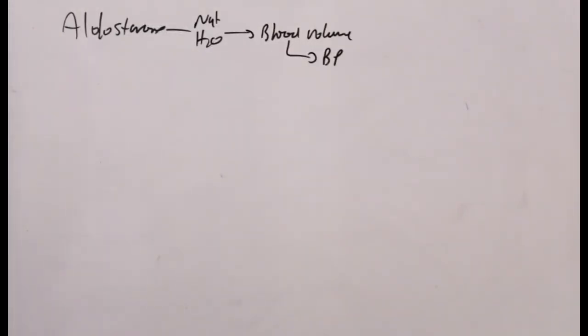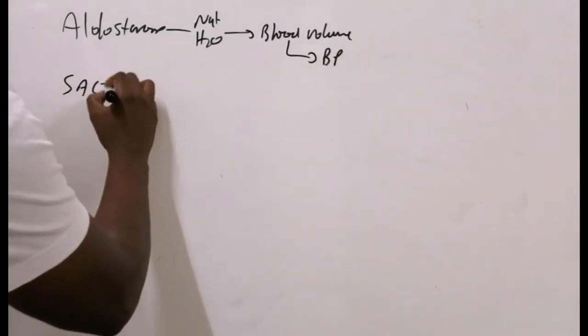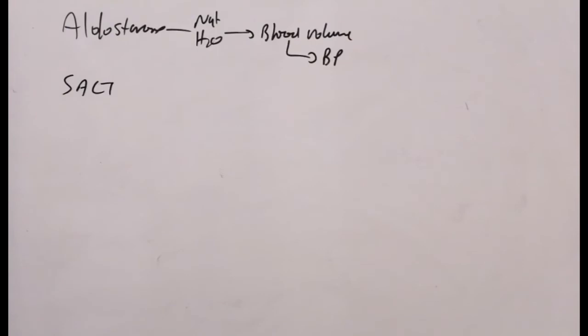Now it has been found that salt alone increases high blood pressure. Aldosterone release alone also increases high blood pressure, independent of salt, and salt is able to increase high blood pressure independent of aldosterone. But it has also been found that when these two are together, the effects on high blood pressure are profound, they are exaggerated.